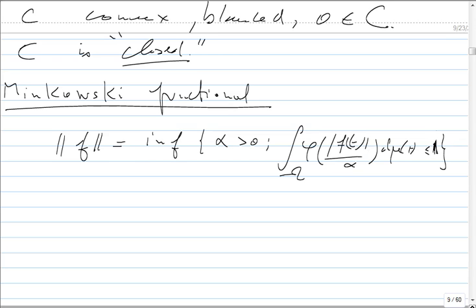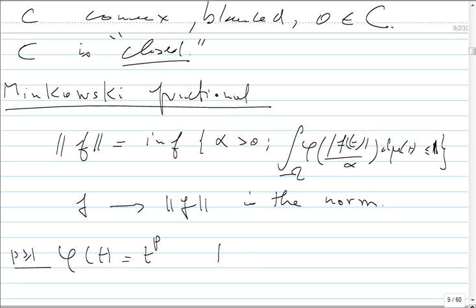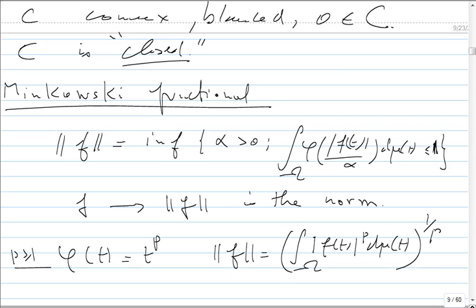So now this becomes a norm. And if you take the case of phi of t equals t to the power p, p bigger than 1, then you get that the norm of f is exactly the integral of absolute value of f of t to the power p, d mu of t, to the power 1 over p.